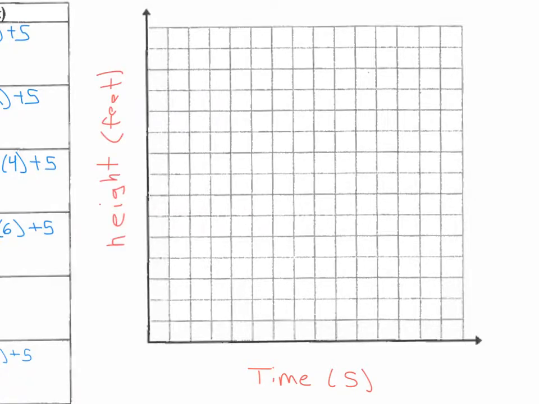We also need to give it a scale, which means we have to put our numbers on the grid line. Usually you want your scale to be as big as possible and still fit the grid, but you want it to be easy to work with. So a good scale for this one is just going to be one line is one number, because our scale has to go up to 10 and should go a little past 10. So our height will be the same.